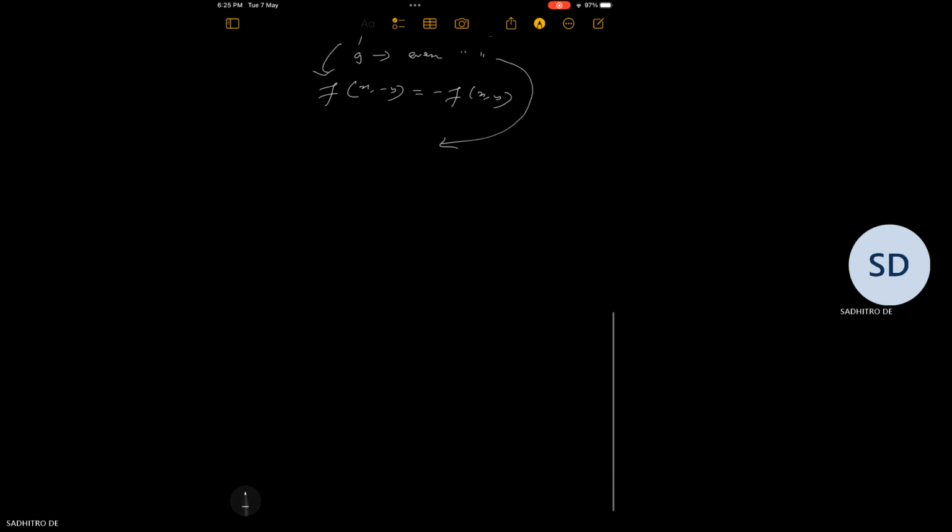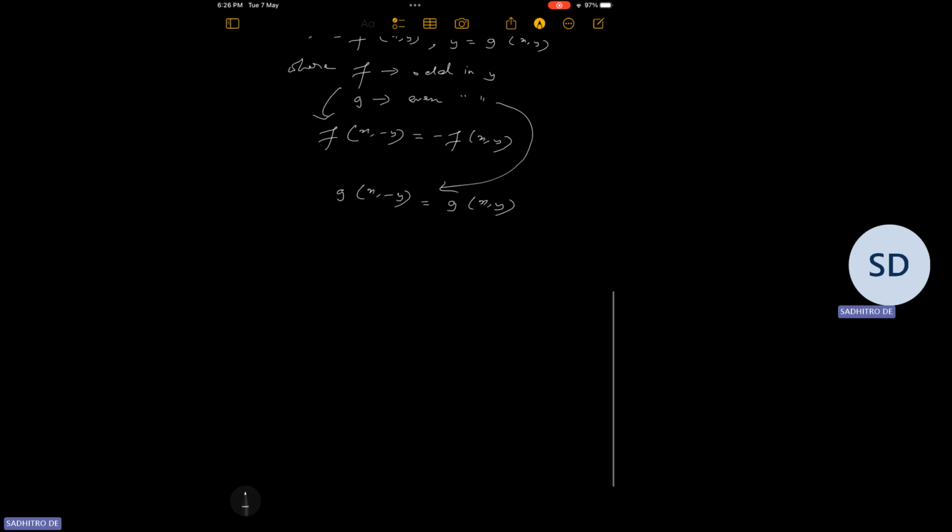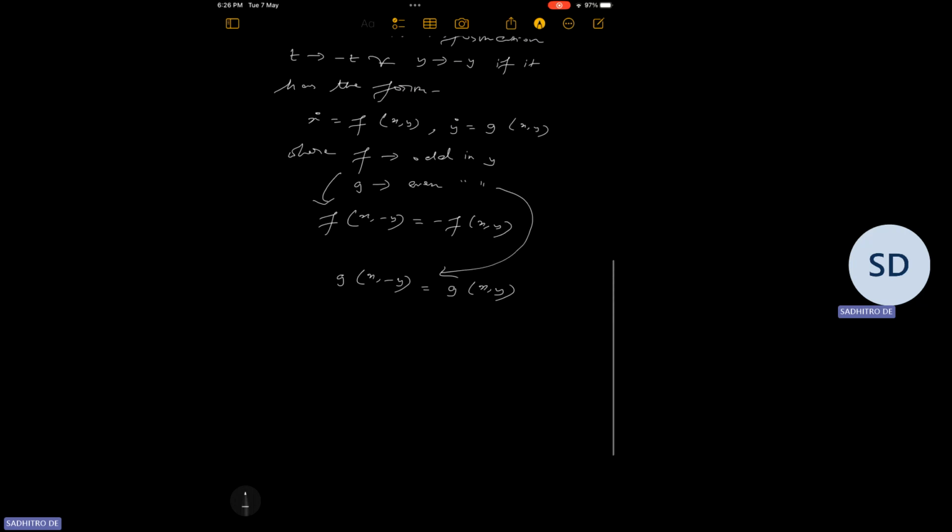So this system is an example of a reversible system under the transformation that t goes to minus t and y goes to minus y.